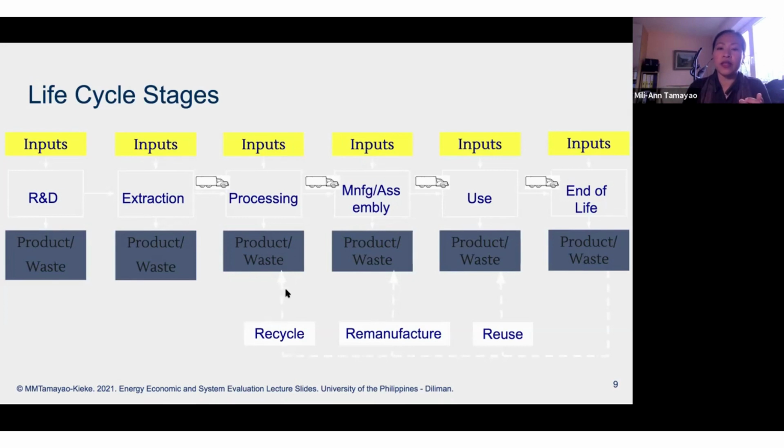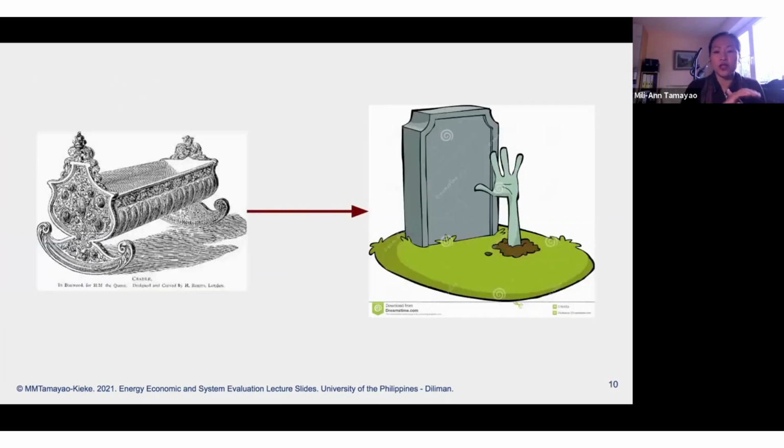You extract the raw materials from the supposedly disposed product. So these are the main life cycle stages. And that's why we say when we do LCA, we are doing an analysis from cradle to grave.